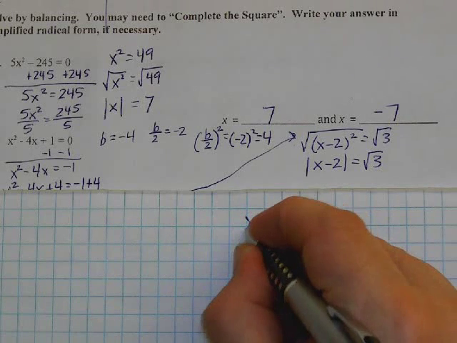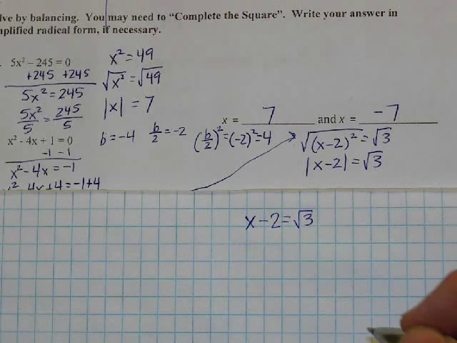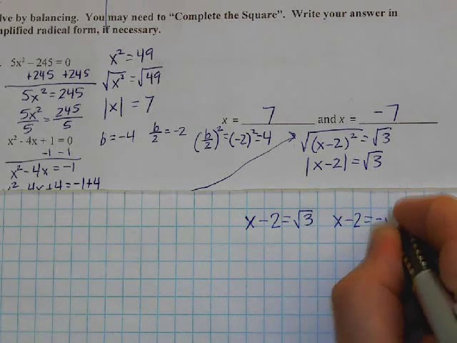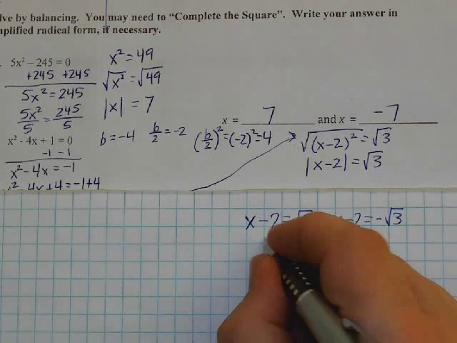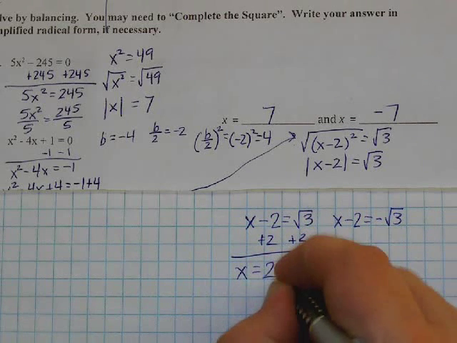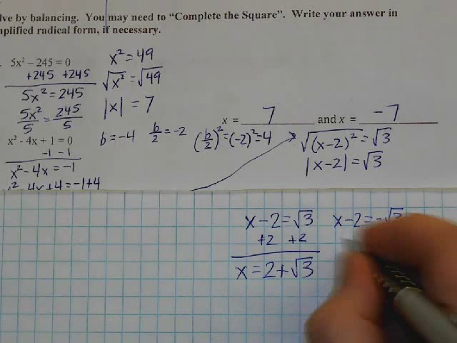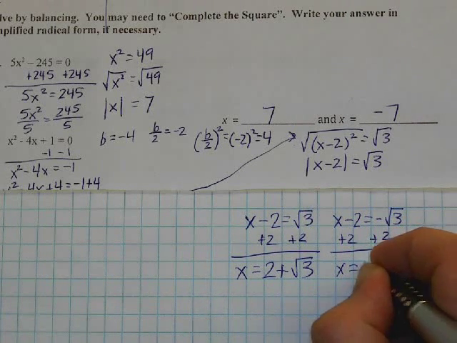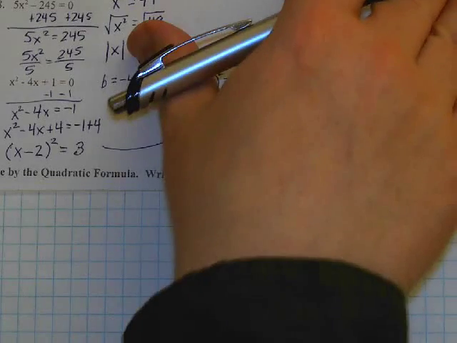So we can go ahead and separate into our two equations. X minus 2 equals radical 3, and x minus 2 equals negative radical 3. So for both these, we'd add 2 to both sides. And we get one answer of 2 plus radical 3. And the other solution is going to be 2 minus radical 3.